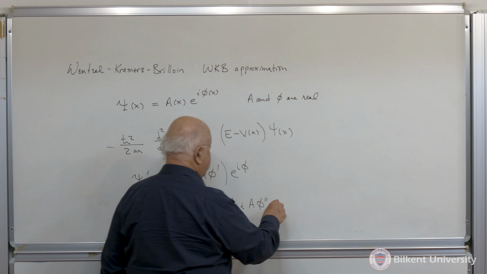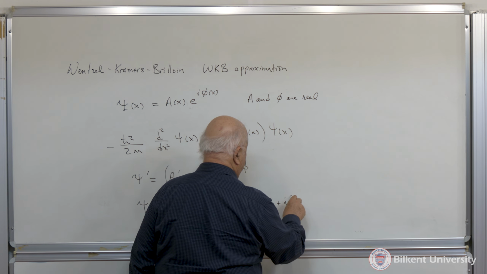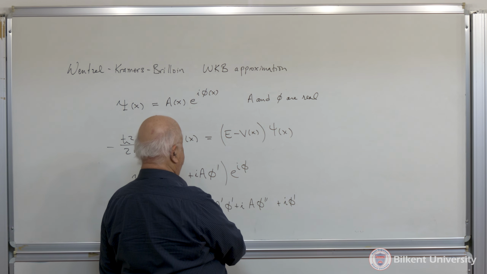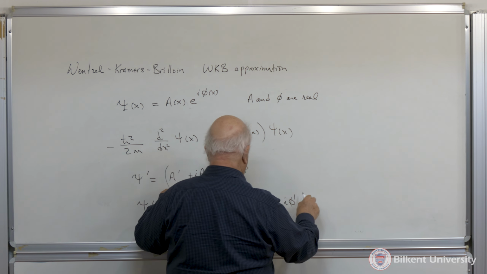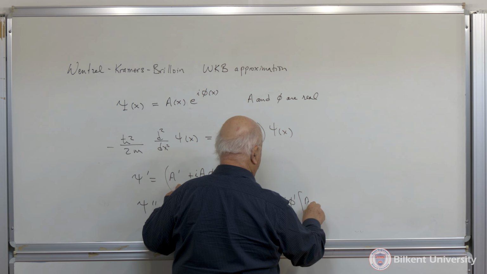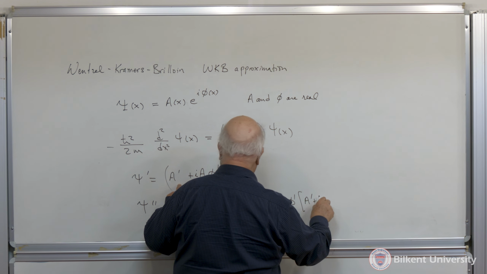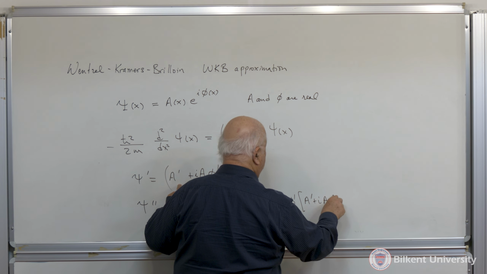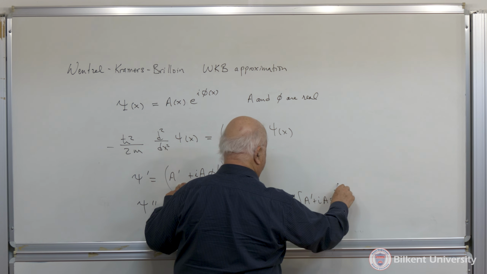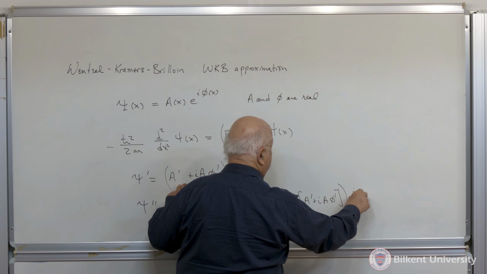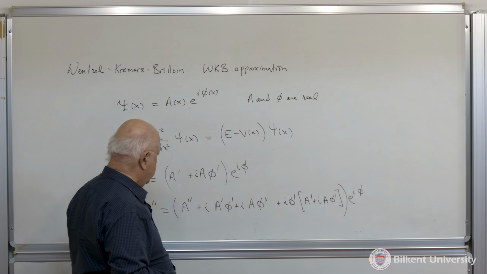So I'm going to add plus i phi prime, derivative of this, times this full term A prime plus i A phi prime, everything multiplied by e to the i phi. Okay, please check my algebra.